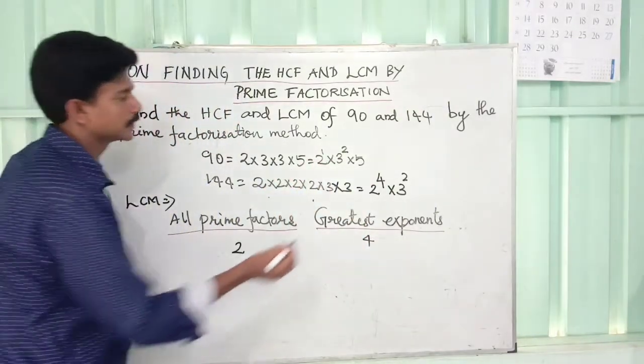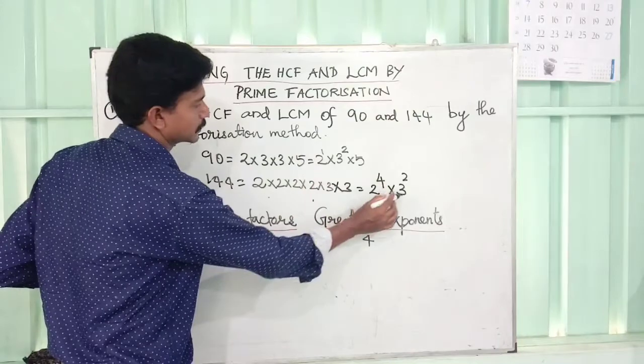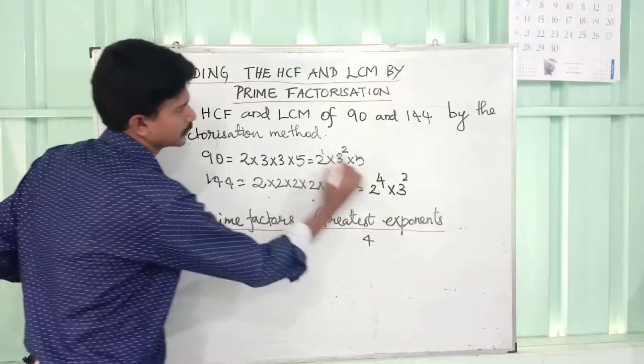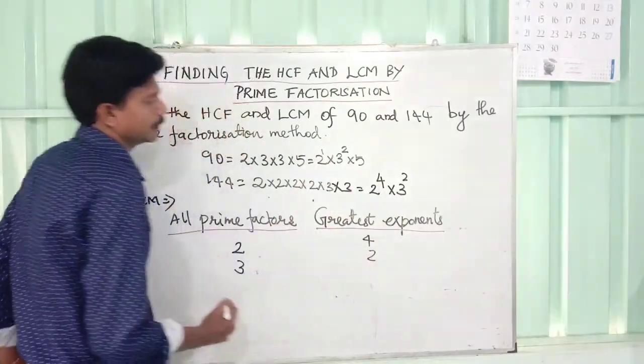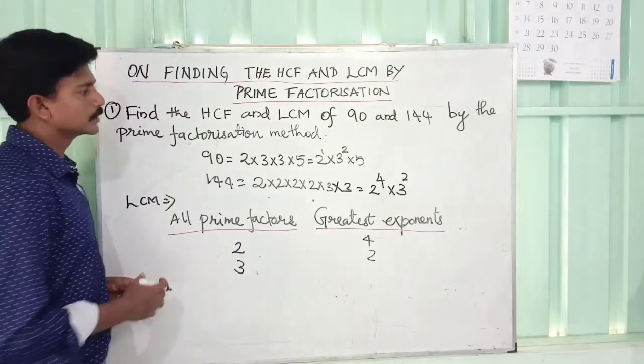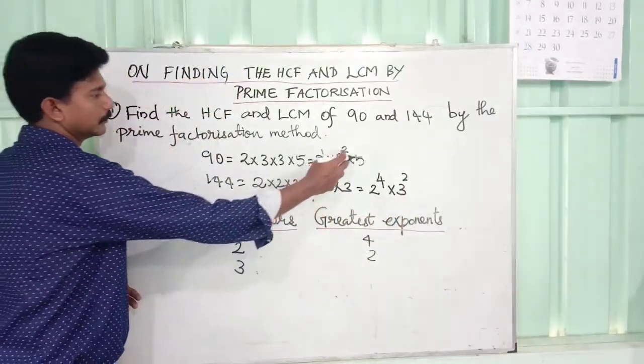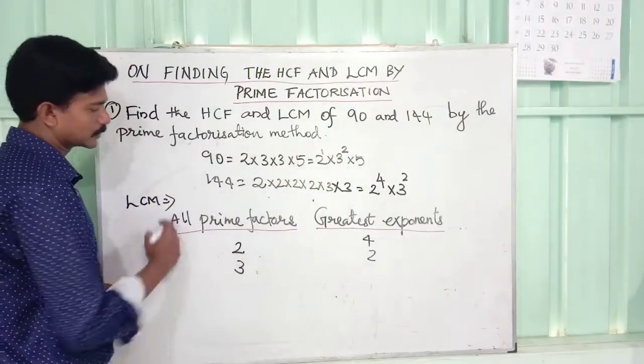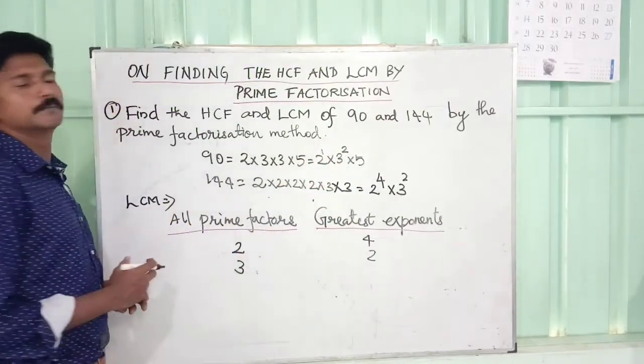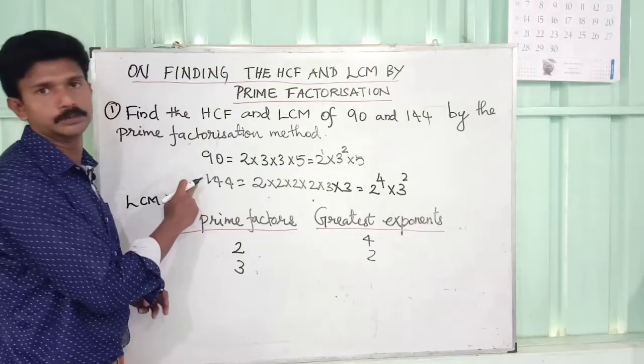The next prime number is 3. Its greatest exponent is 2. We have to list all the numbers. Though 5 is not in the second number, we have to include it because we write all the prime factors of both numbers.